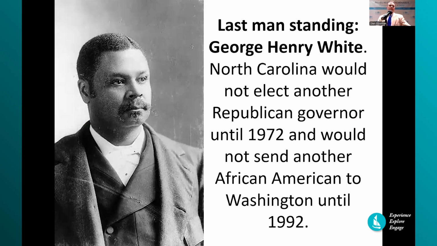The last man standing was actually Congressman George Henry White. He served in a district that included, I think, part of this area. The maps, as you know, were always changing due to the census, but he was the last Black in Congress. So he was really representing, in many ways, a lot of people far outside his district in North Carolina.